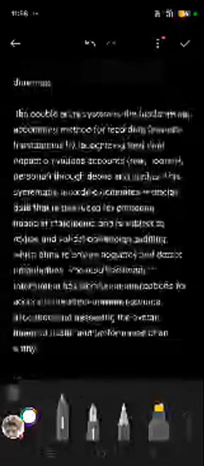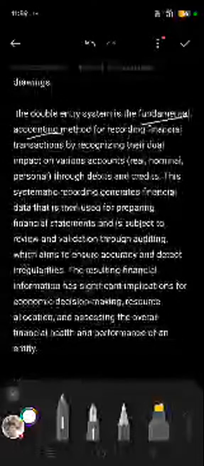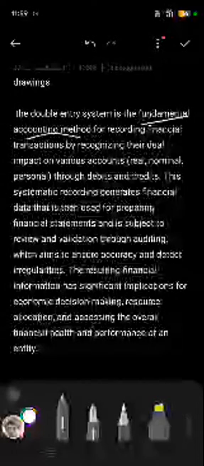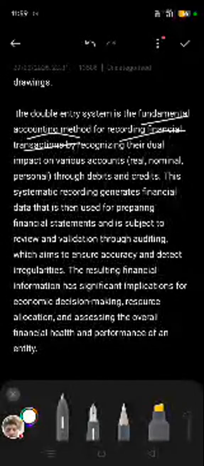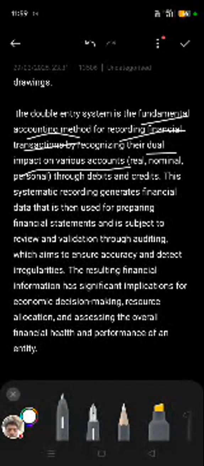So the double entry system is a fundamental accounting method for recording financial transactions by recognizing their dual impact on various accounts like real, nominal, and personal through debit and credit.